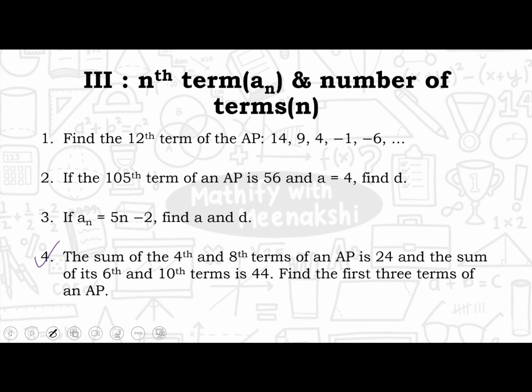In question 4, it's given that the sum of fourth and eighth term. Just see the word carefully, fourth and eighth term. So their sum is given to you, that is 24, and the sum of sixth and 10th term, that is a6 plus a10 is equal to 44. So let's solve these equations.